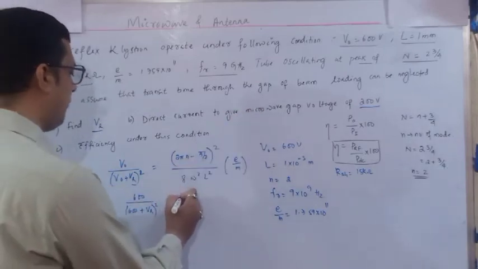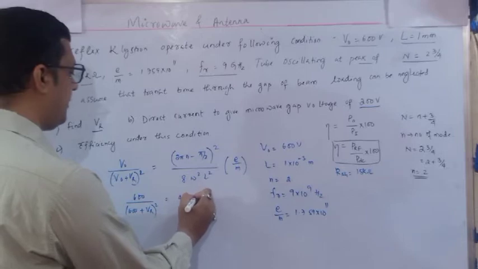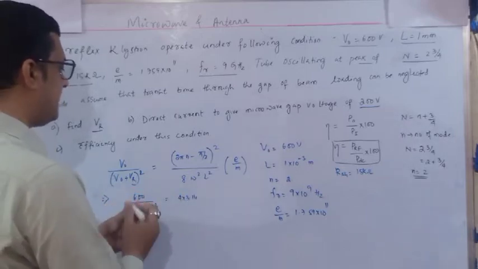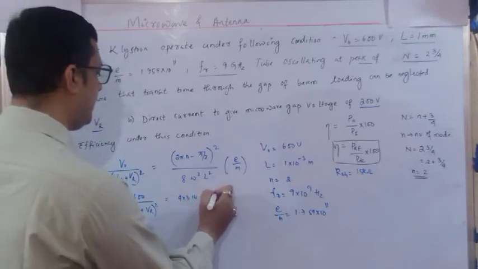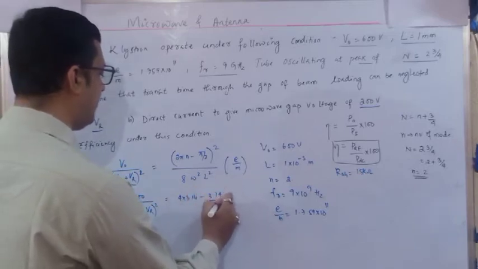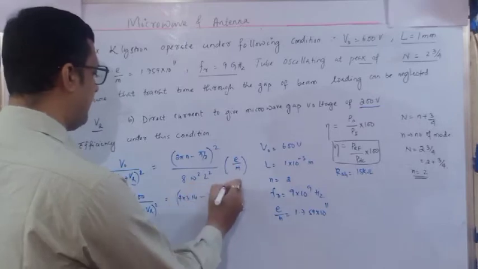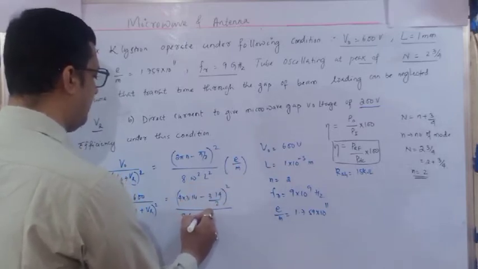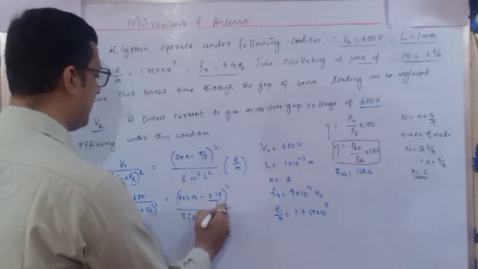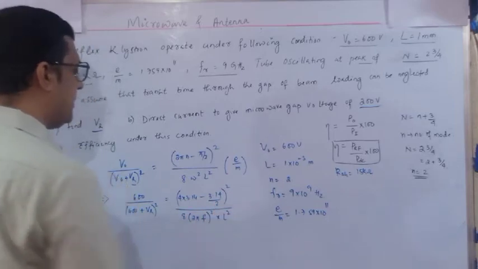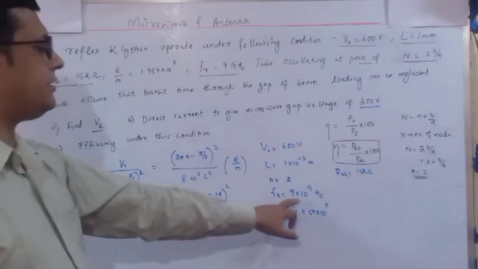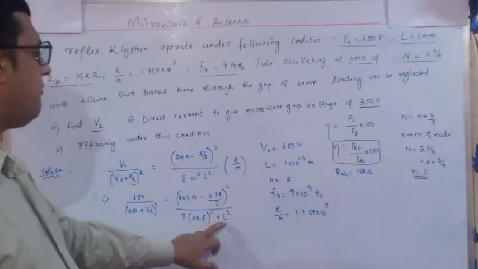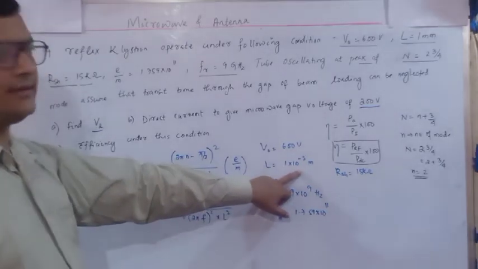So it is 4 into 3.14 minus 3.14 divided by 2, whole square, divided by 8 omega square, where omega is 2 pi f whole square, into L square. Now in place of f, substitute 9 into 10 to the power 9 hertz. In place of L, substitute 10 to the power minus 3.